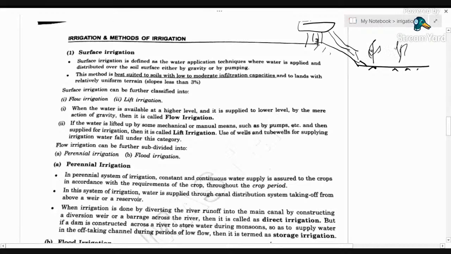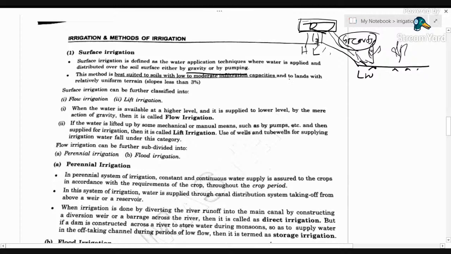This is a storage reservoir. This water flows from a higher level to a lower level by means of gravity. When the water flows from the higher reservoir level to the lower point by the force of gravity, that is called surface irrigation.